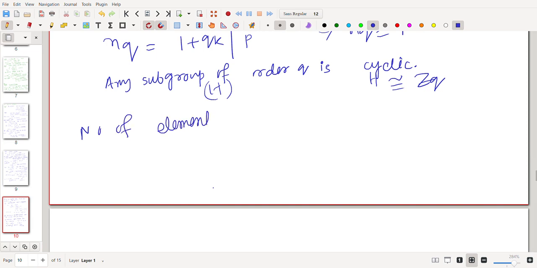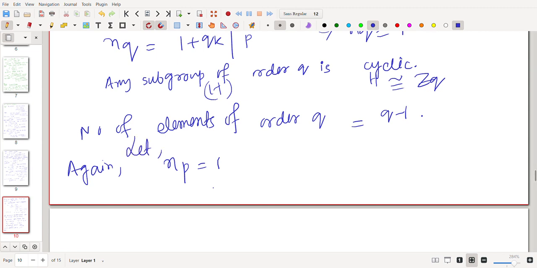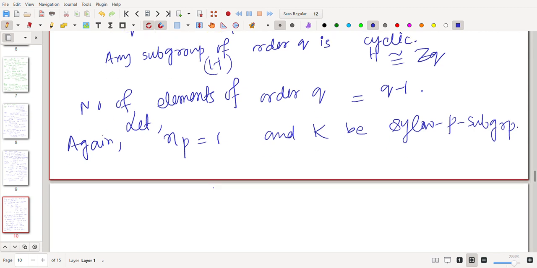That means the number of elements of order q equals q minus 1. Again, let n_p equal 1 and let K be the Sylow p-subgroup.